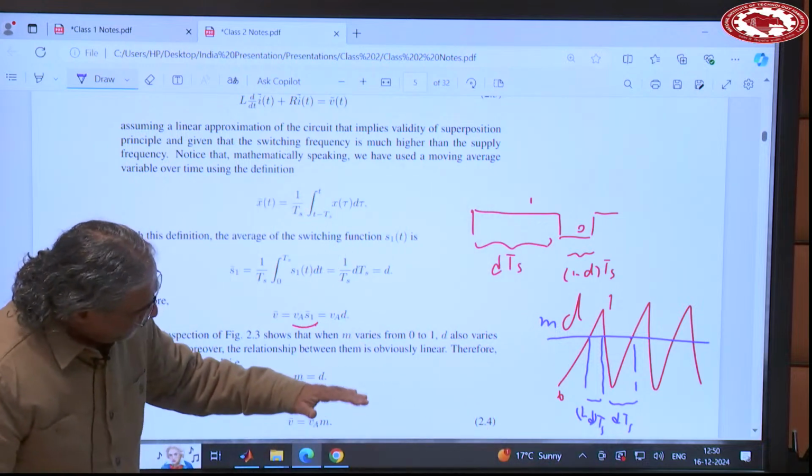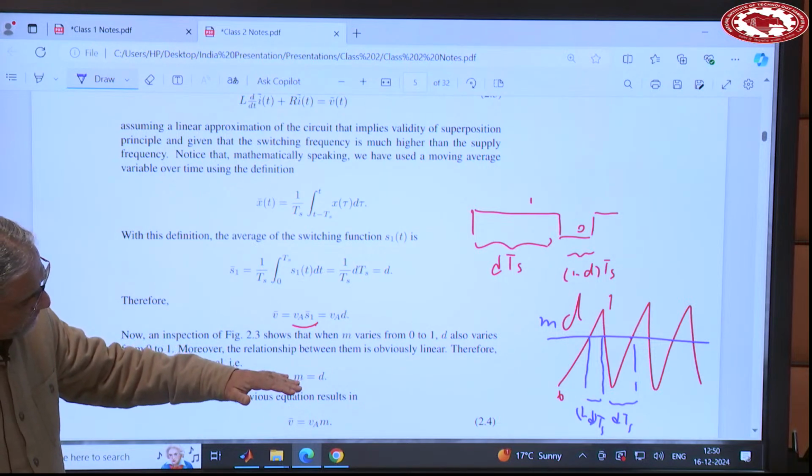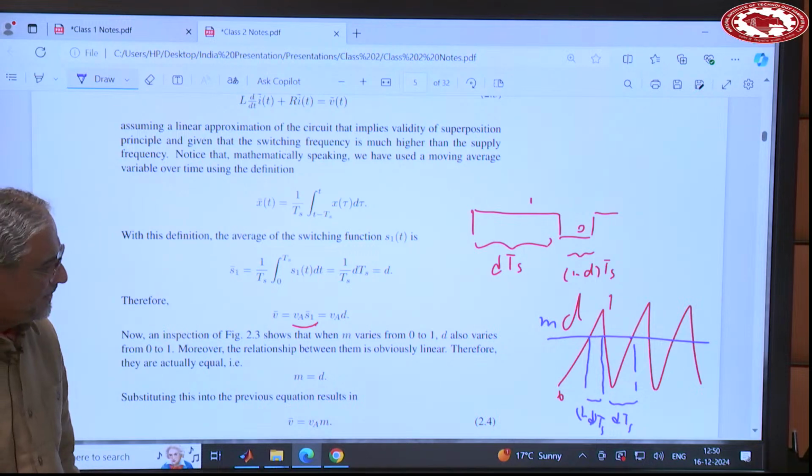So you change M from 0 to 1, and duty cycle changes from 0 to 1.